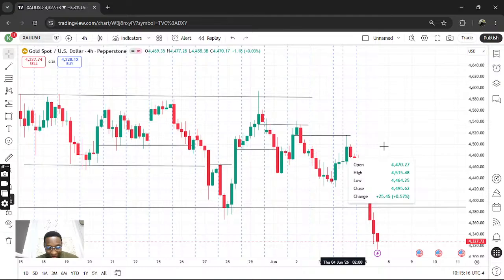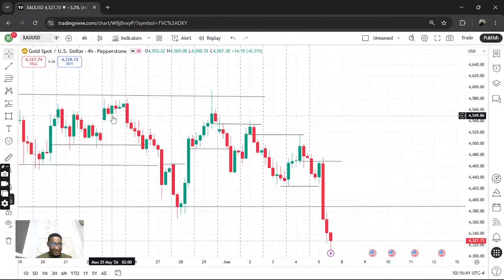If you can see, when this long candle from NFP touched this particular order block, it got rejected and kept moving down to take out this low. I'm going to go down to the hourly time frame, and you will see exactly the time all these reactions happened, and why you should be careful about the time you trade in the market.